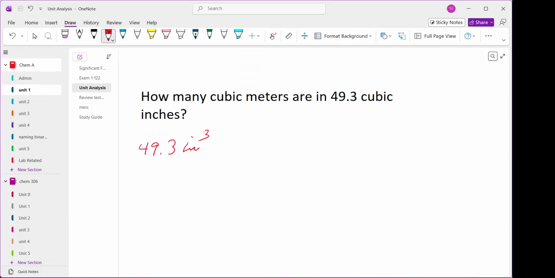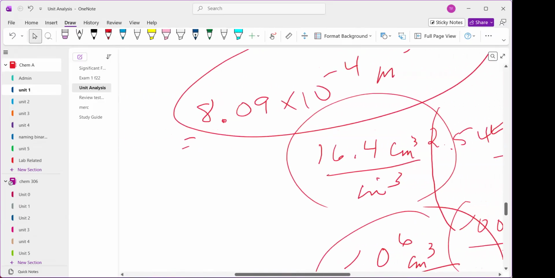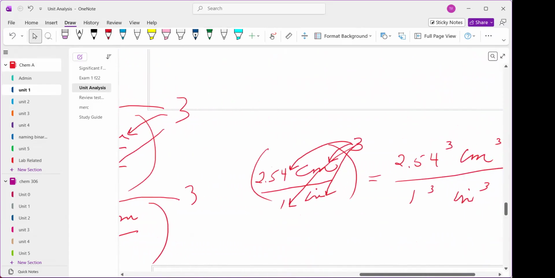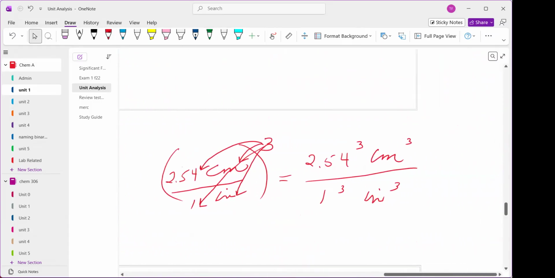And we're not going to cube the 49.3 because it's already been cubed. So we need to go to cubic meters now. So the conversion factor I just gave you here will get us to cubic centimeters. And then we're going to do the same thing to get from cubic centimeters to cubic meters.